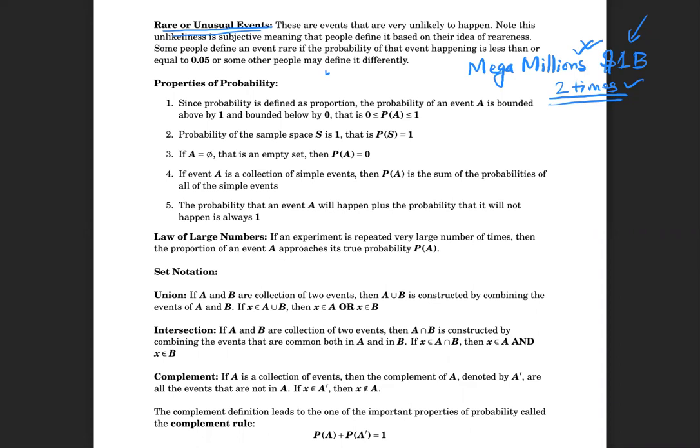Sometimes people say an event is unlikely or unusual if the chances of its happening is less than 5%. Rare events are events that are less likely to happen.